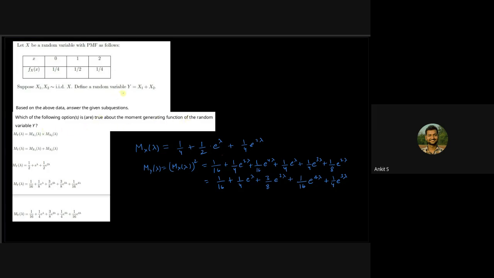Then you have been given another random variable Y, which is just the sum of X1 and X2, where X1 and X2 are IID copies of X. These are the same random variables but independent and identically distributed. We have to simply find the moment generating function of the random variable Y. So how do you find it? You remember we had this in the slides, right? You will just multiply.